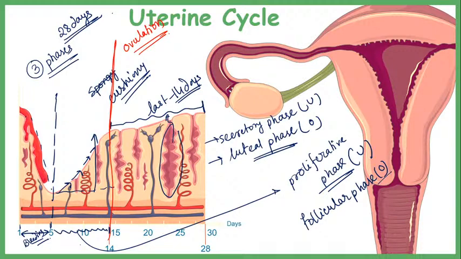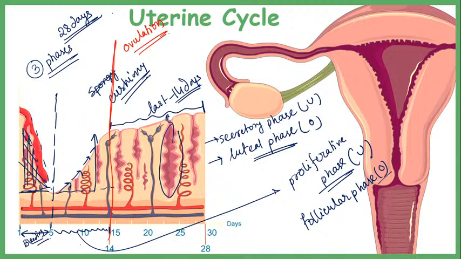After that, what happens? The outer layer of the uterine endometrium is shed off. This entire outer layer is shed off. Then from the 5th day onwards, for a few days, there is reproliferation of the uterine endometrium.